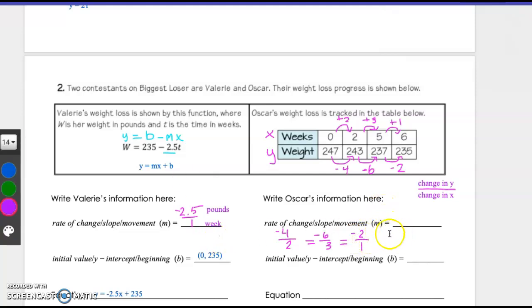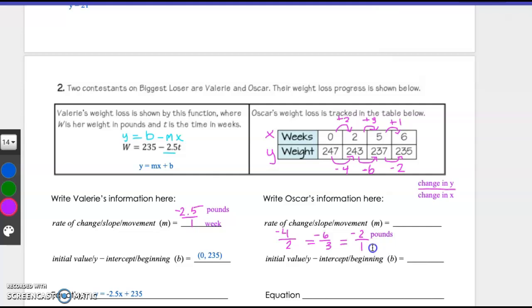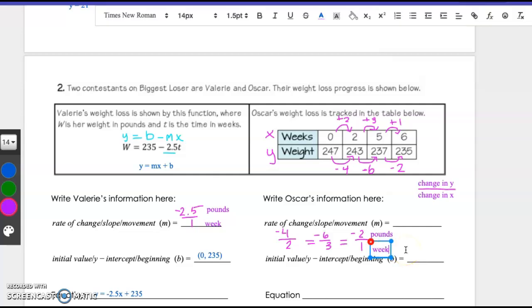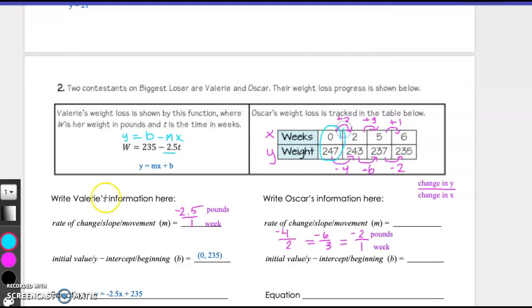So Oscar's movement is -2 pounds. It doesn't say pounds, I'm just going to assume, per 1 week. Little tricky, but nice job. The initial value, the beginning of it, well, where's the beginning of your table? Where's the beginning of Oscar's journey? It's 0 weeks, and he initially weighs 247 pounds.